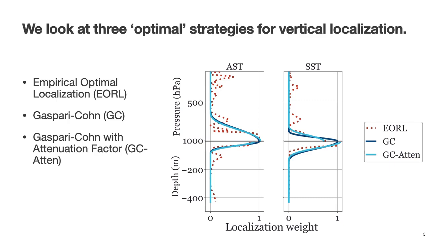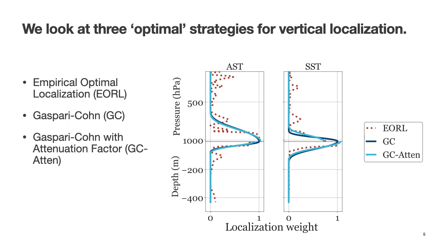And you can see that this is quite noisy. On the plots shown here, EORL is the red dashed line. Again, I'm looking at temperature in the atmosphere and the ocean, and at 2 different observation types: first observing atmospheric surface temperature and then observing sea surface temperature, and that's the difference between those 2 plots.